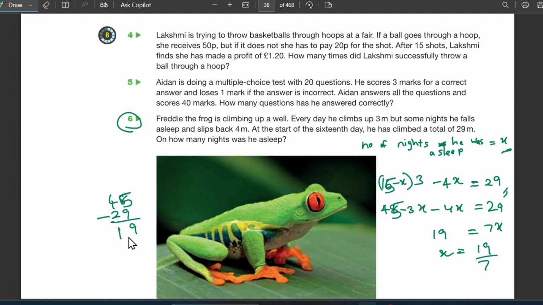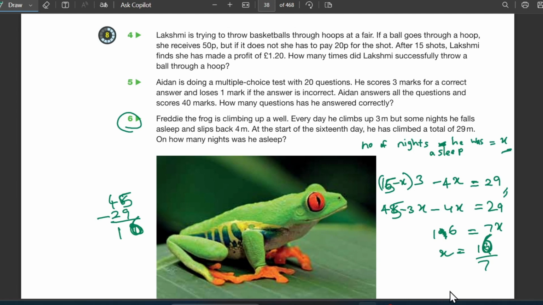Then 15 minus 9 is 6. Then 16 over 7. So you can get the answer. 16 over 7, so you have to divide 16 by 7.